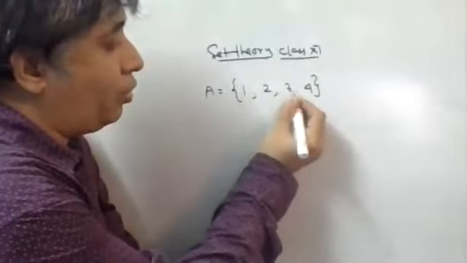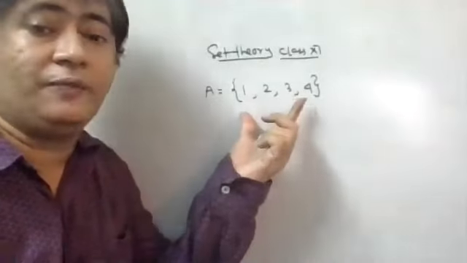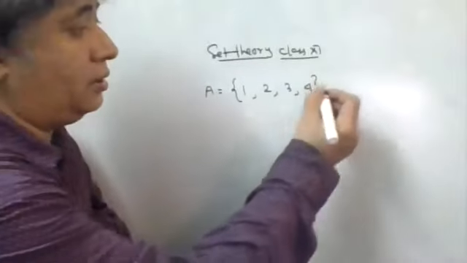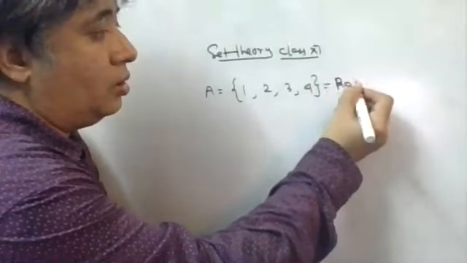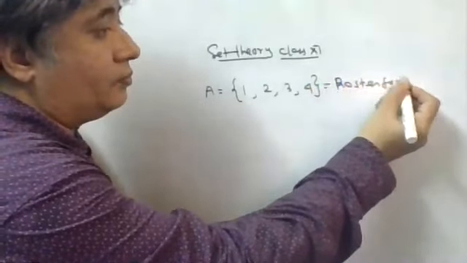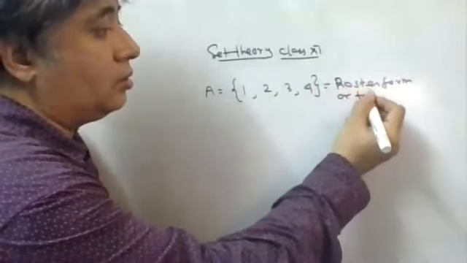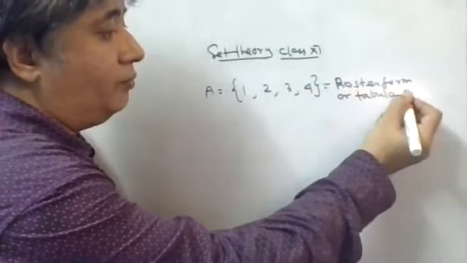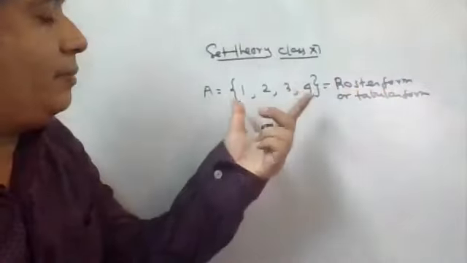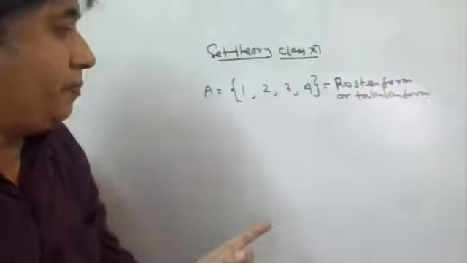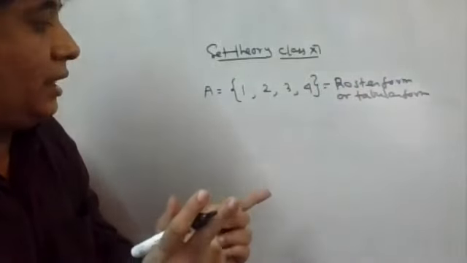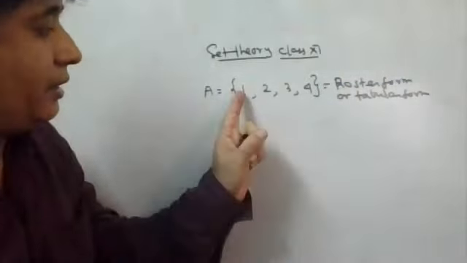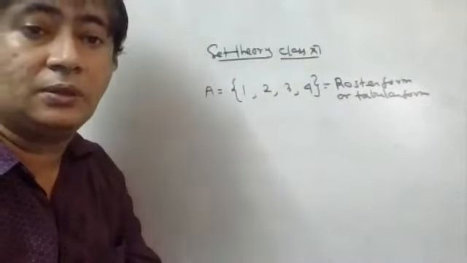Elements will be separated by commas. This way of forming a set is called roster form or tabular form, where elements are taken and clubbed together and separated by commas.